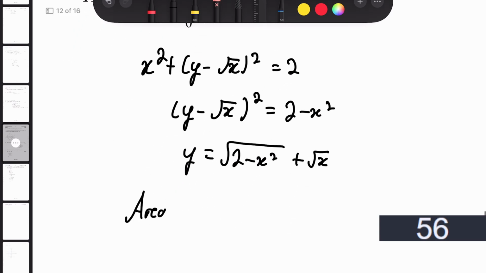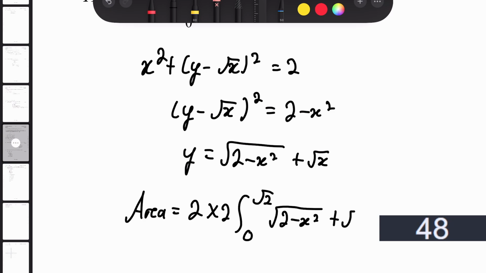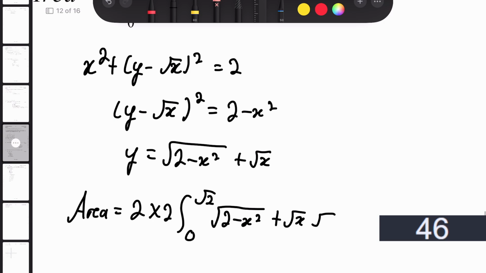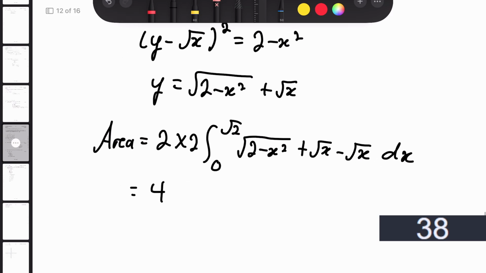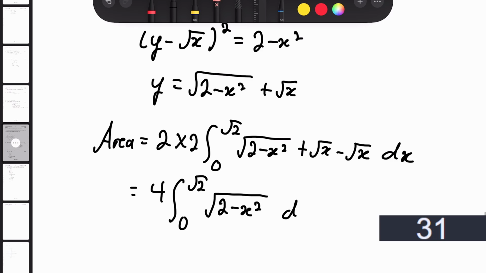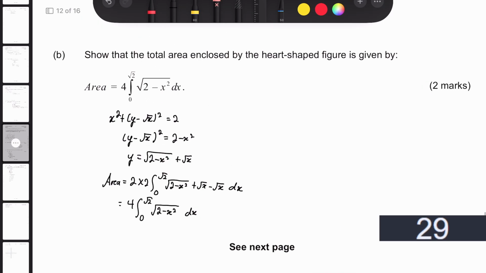So then area is going to equal 2 times the integral of square root of 2 minus x squared plus square root of x minus square root of x dx. So area is going to equal 4 integral from 0 to square root of 2 of square root of 2 minus x squared dx. Woo! 30 seconds left.